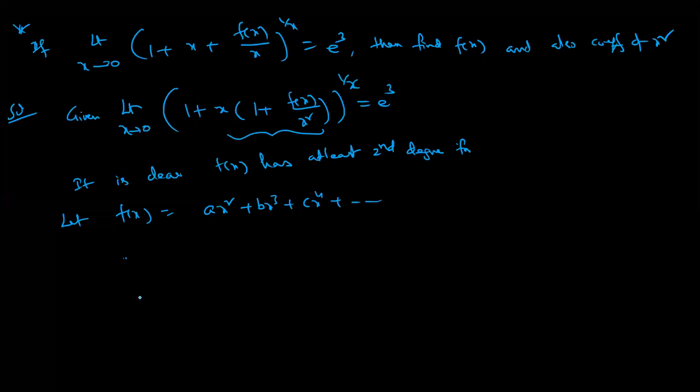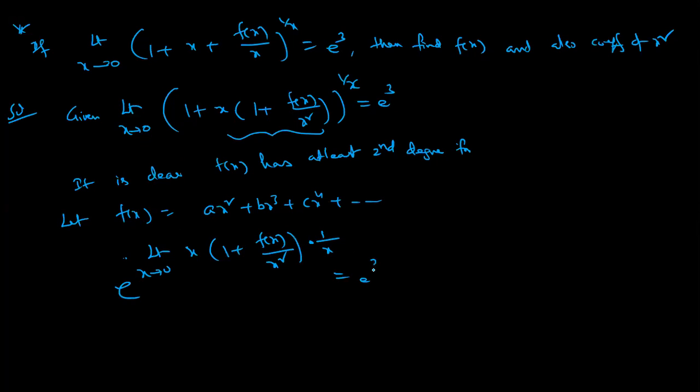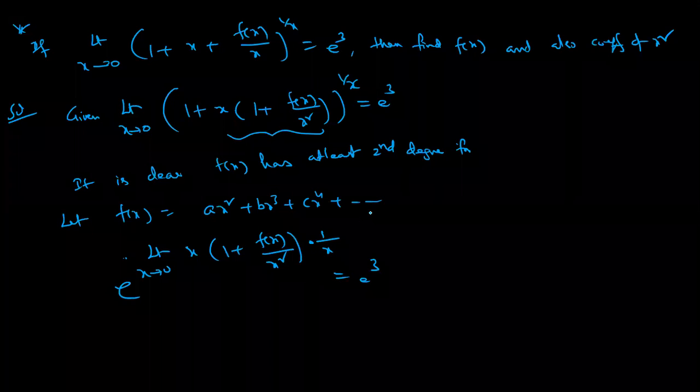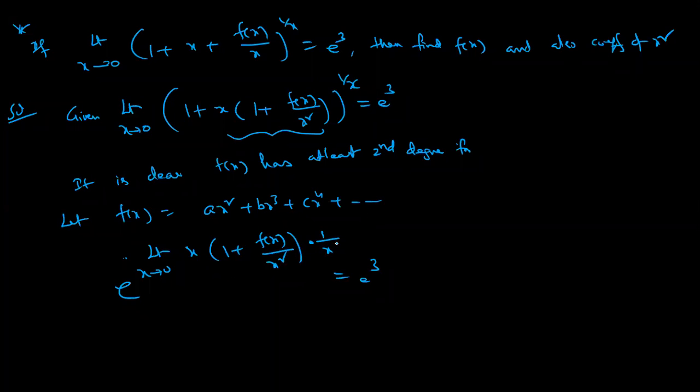So, dear students, put this value. Limit x tends to 0 means directly e power limit x tends to 0 of x into (1 plus f of x by x square) into 1 by x is equal to e power 3. Clear? So here x cancels.